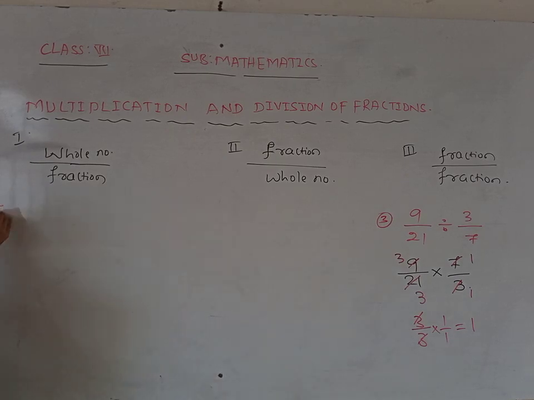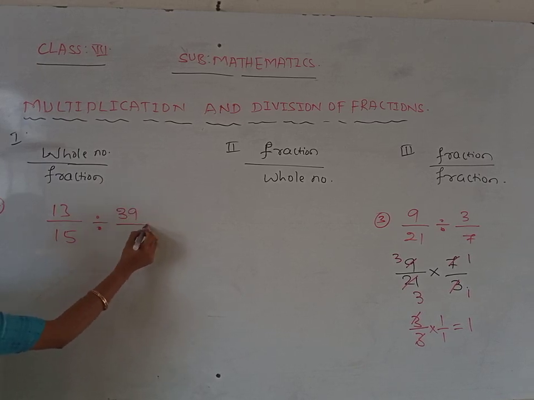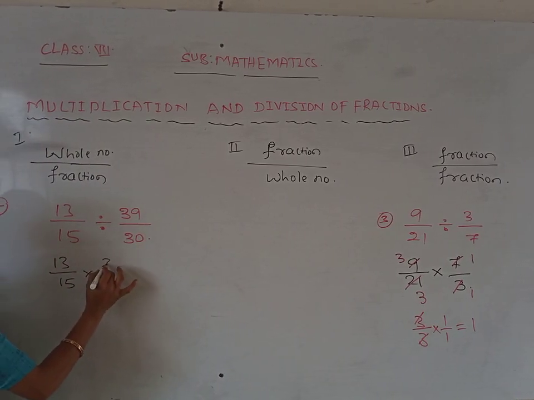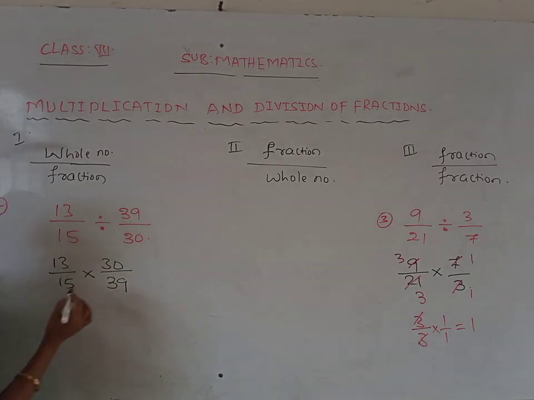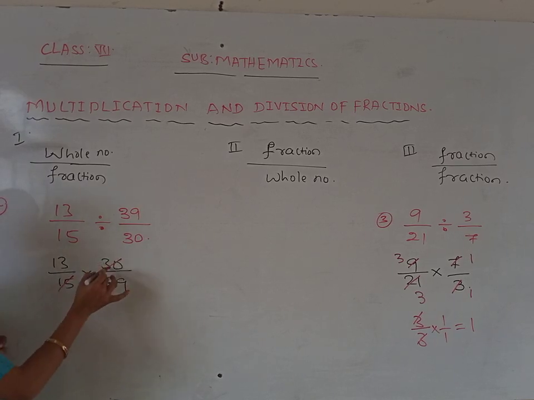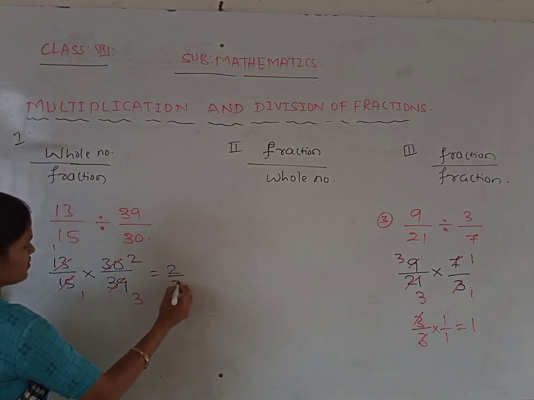Fourth one: 13 by 15 whole divided by 39 by 30. So keep the first fraction as it is, multiplied with the reciprocal of the second fraction. Any common factor? Yes. 15 ones are 15, 15 twos are 30, 13 ones are 13, 13 threes are 39. So the answer, what is it? 2 by.